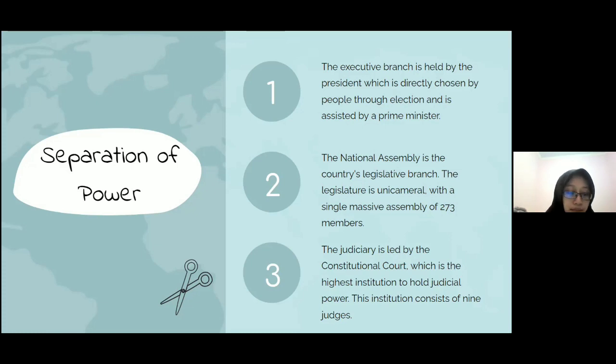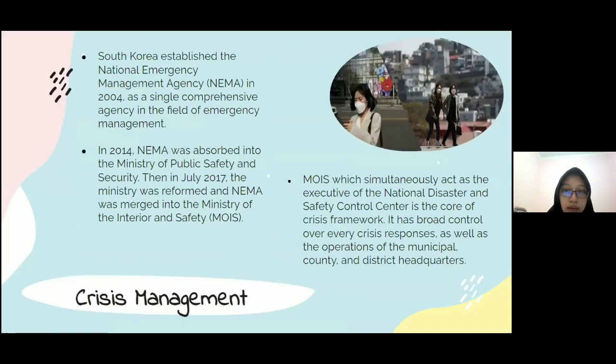Next. Okay, next is about crisis management. In terms of crisis management, South Korea first made its attempt by establishing the National Emergency Management Agency, known as NEMA, in 2004 as a single comprehensive agency in the field of emergency management. Then in 2014, NEMA was absorbed into the Ministry of Public Safety and Security.